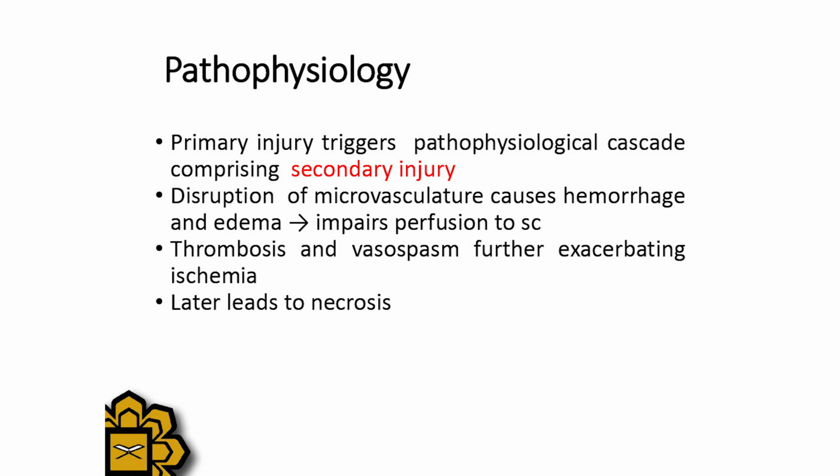Secondary injury is the process that follows a primary injury. If there is disruption of the microvasculature, it causes hemorrhage and edema, which then impair further perfusion, and all this process leads into a process at the cell level where it goes into ischemia and necrosis.